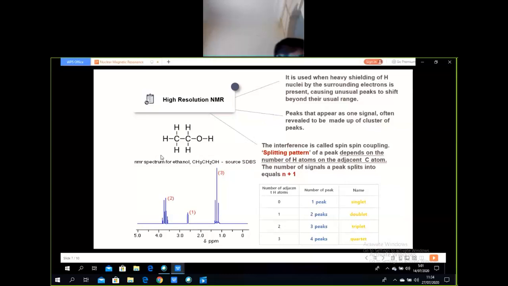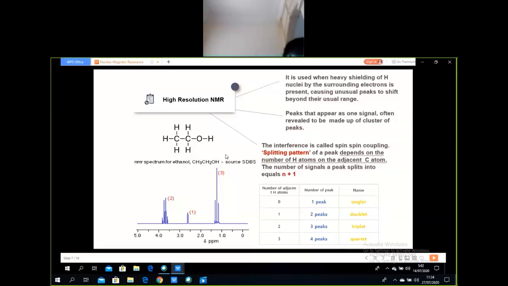The exact splitting pattern of a peak depends on the number of hydrogen atoms on the adjacent carbon atom or atoms. So it is based on the hydrogen atoms on the adjacent carbon atoms.